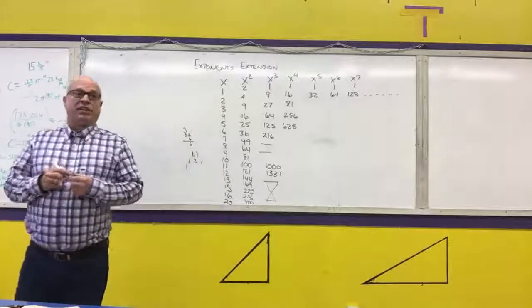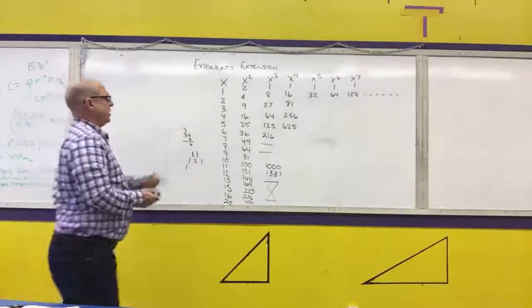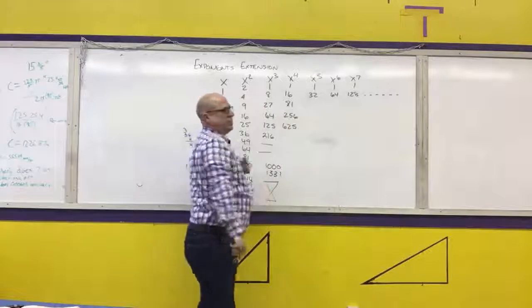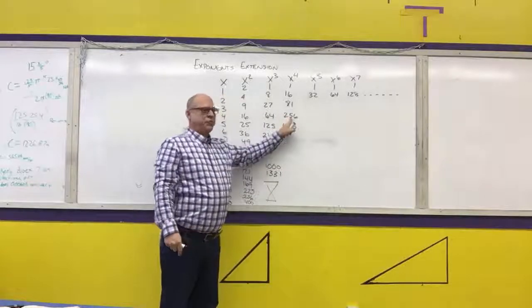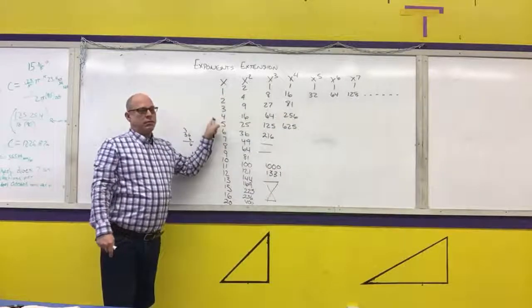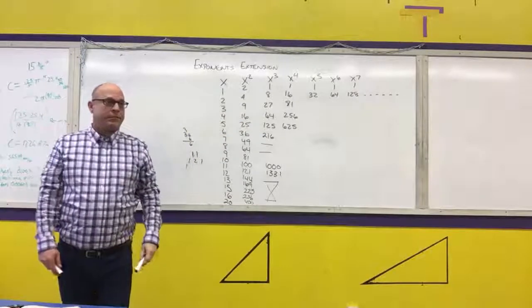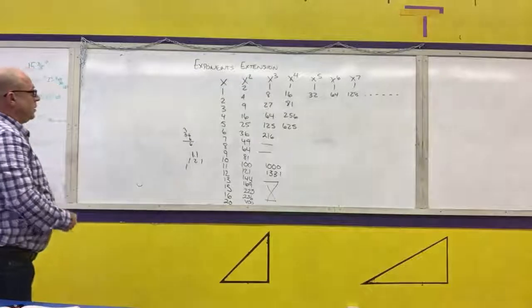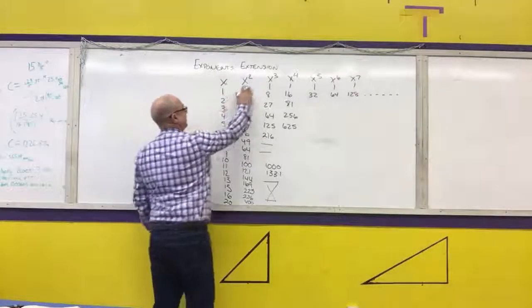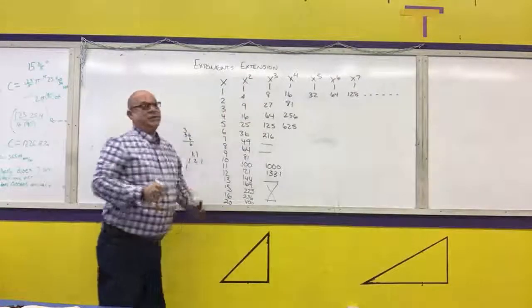So 2 ways you can look at these numbers. The first way is that 4 to the 4th is 256, or that the 4th root of 256 is 4. Or 256 to the 1/4 is 4.